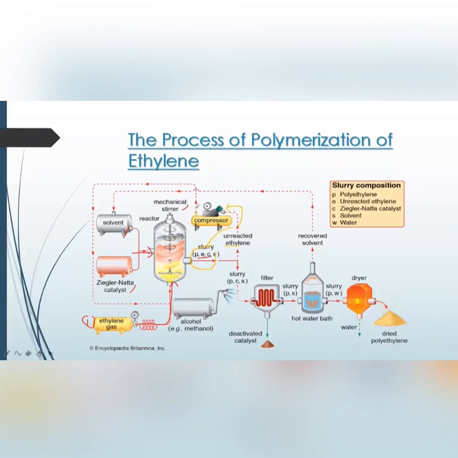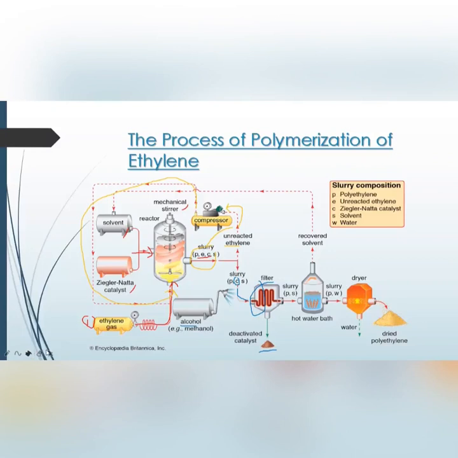After being compressed, it will return back to the reactor. After that, from the substances that are left, the catalyst will pass through here. It will be neutralized by the alcohol before entering the filter. Then it will be filtered and washed out as the deactivated catalyst.